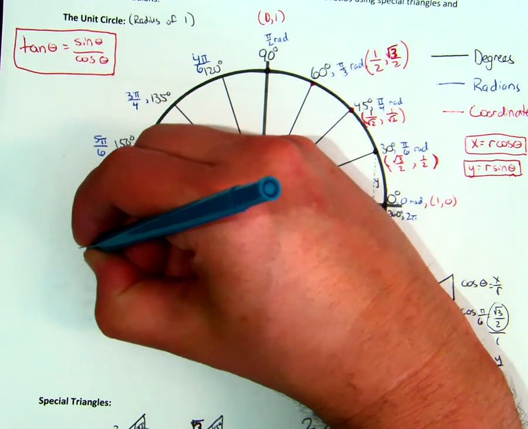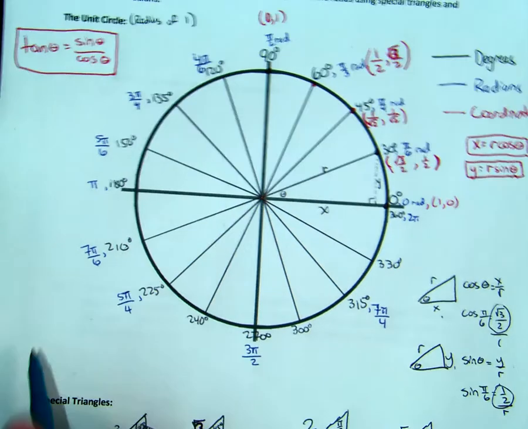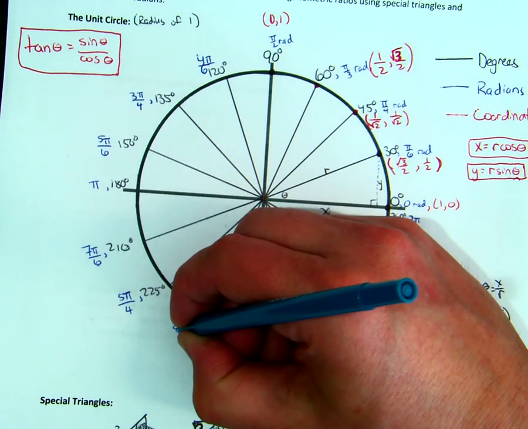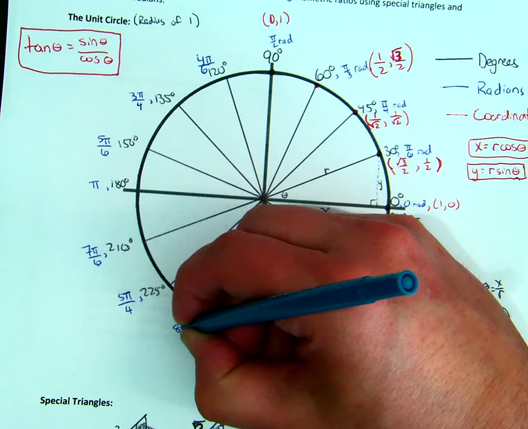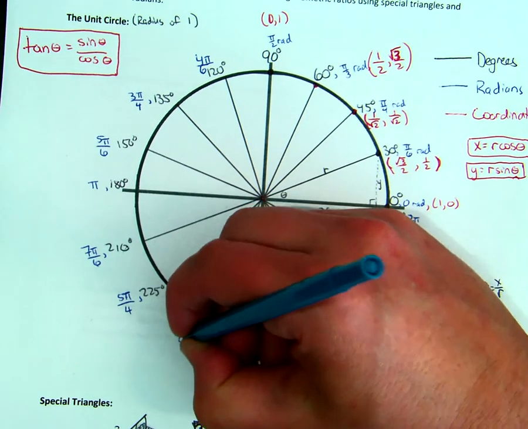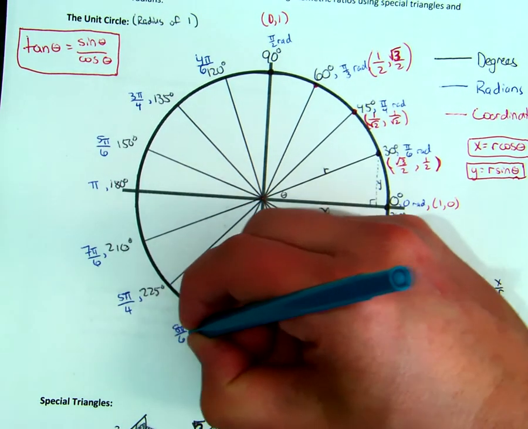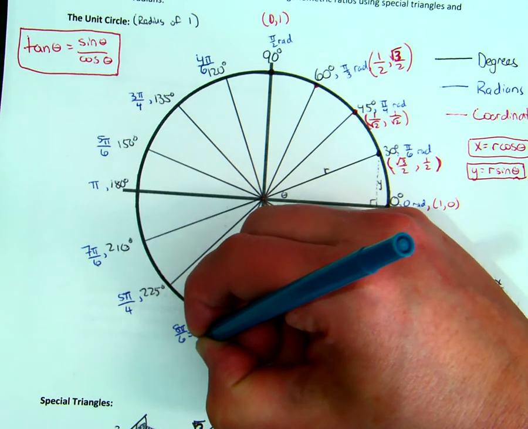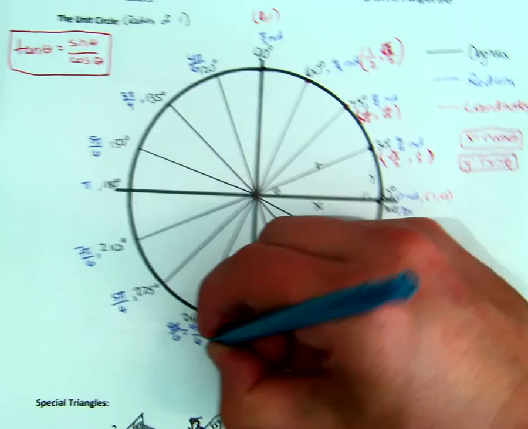Get ahead of myself there. 7 pi by 6, 8 pi by 6, which should reduce to 4 pi over 3. 8 pi by 6 is the same as 4 pi by 3.